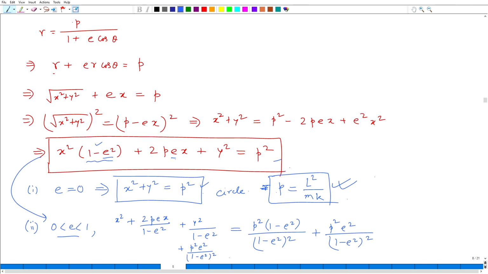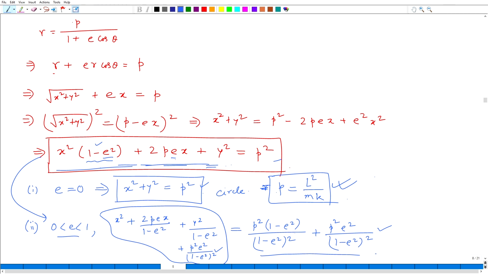So I just write the entire left hand side as these terms, and the right hand side I wrote in this way. In both sides I have added this term, p square e square by 1 minus e square whole square. If you want to cross check, you let me know whether it works or not.